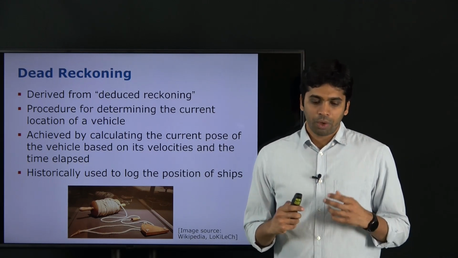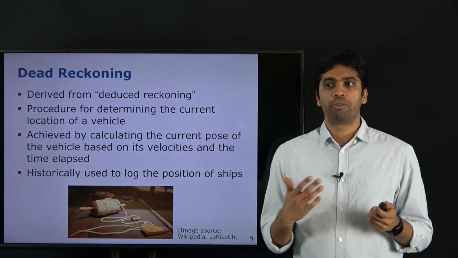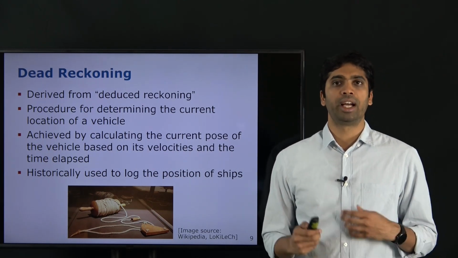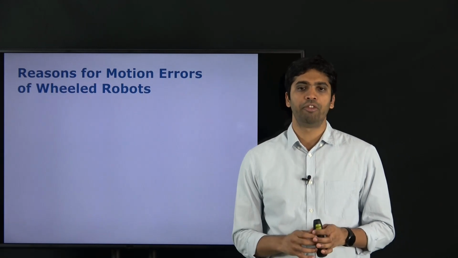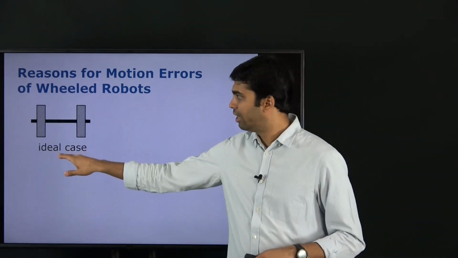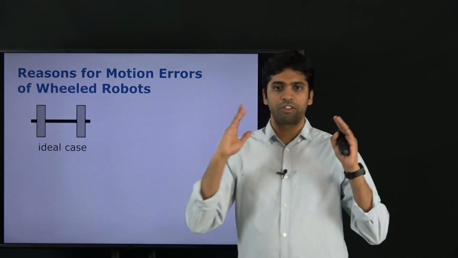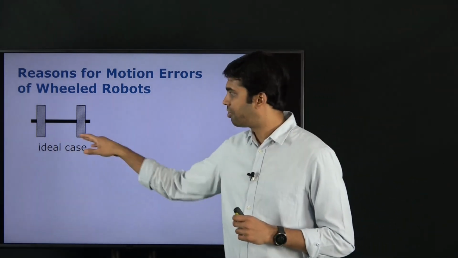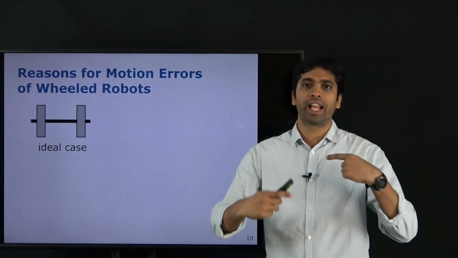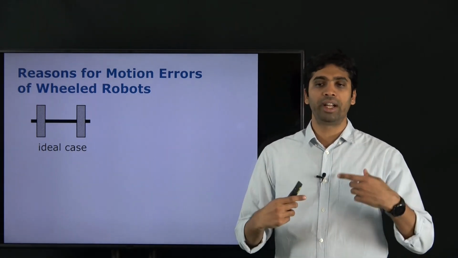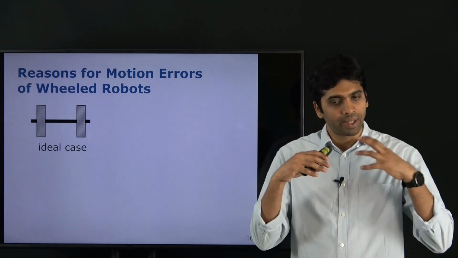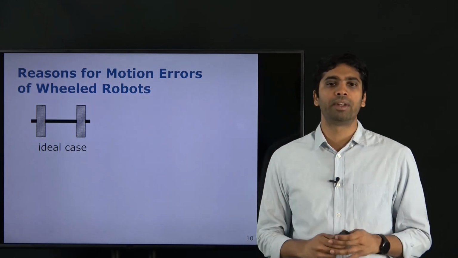Now what we'll look at is where this uncertainty in the motion comes from, in particular for wheeled robots. The ideal case is, for example here, where we have two wheels of exactly the same diameter, on a flat floor, rolling smoothly. We would expect it to make the movement defined by the differential drive equations or by the Ackermann equations.